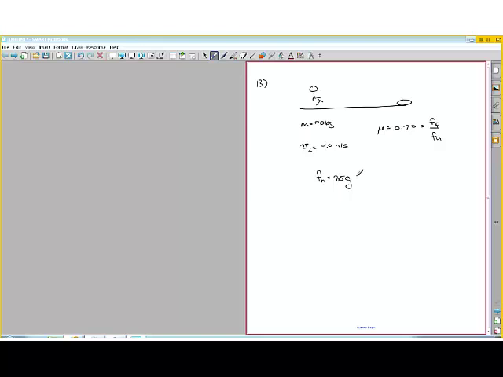So that's the normal force, and it's actually the weight, which is equal to the mass times acceleration due to gravity.